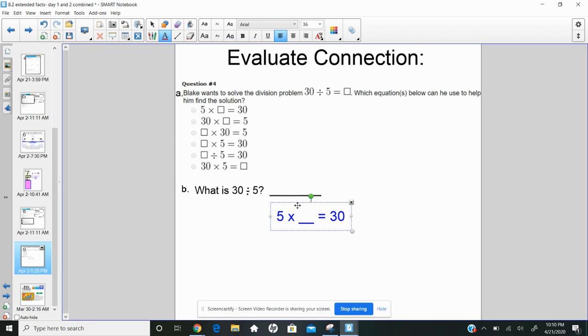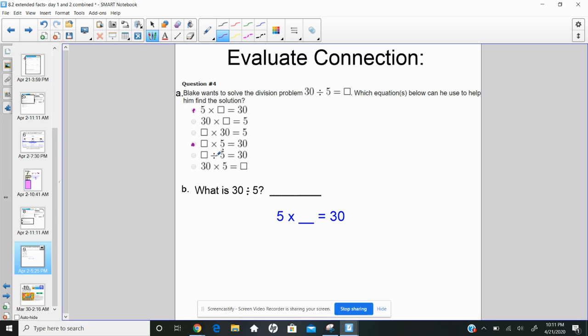And so you would want to find that problem here in our work. So you would see right here, 5 times blank equals 30. But down here, it's the same thing as you flip-flop. Blank times 5 equals 30. That would also help me.